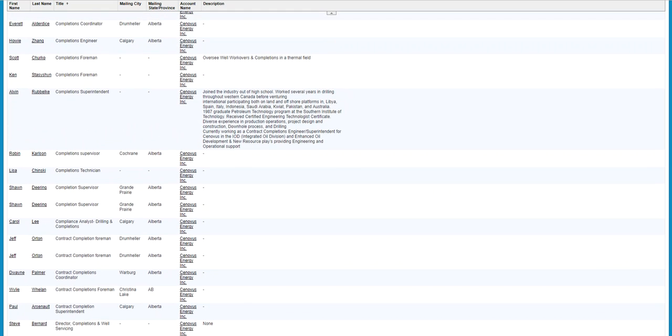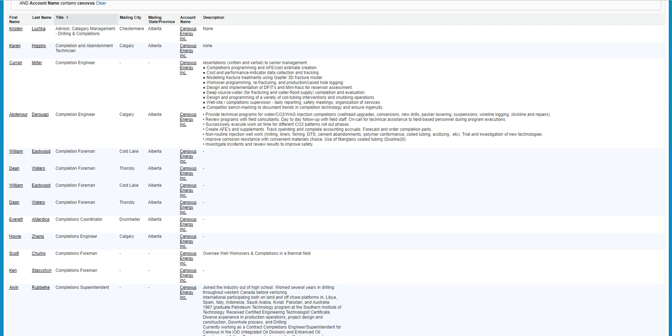We're also taking notes and trying to figure out what their responsibilities are, what some of their experiences are. So we put the notes in so we can see this. This particular completions engineer is involved in AFE cost estimation, creation, cost performance indicators, modeling, workover programming, refracturing, and so forth.